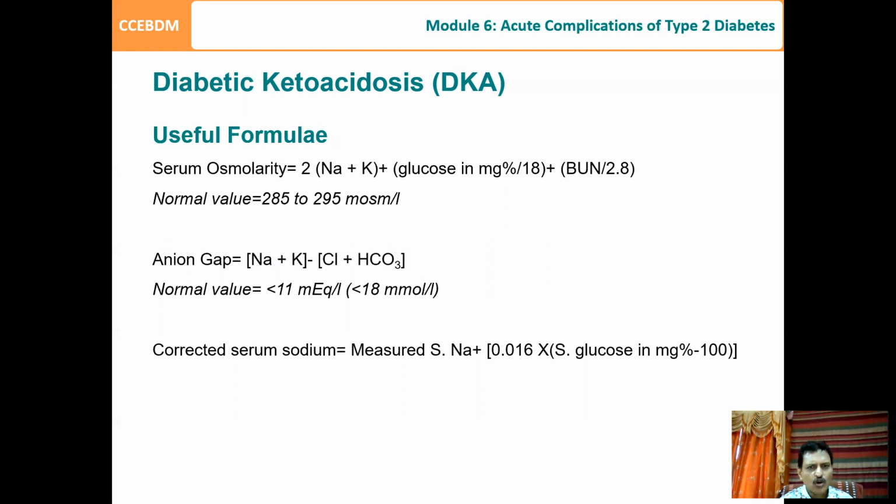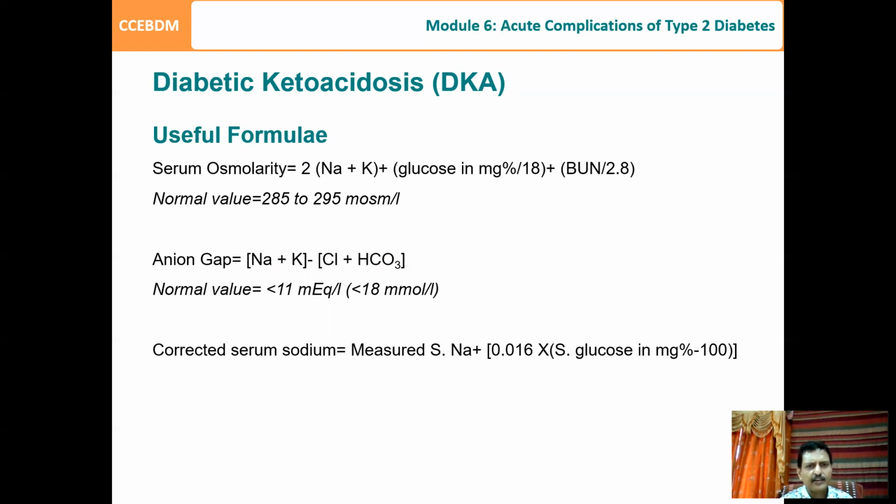Normal osmolality is basically between 285 to 295, and this osmolality is very tightly managed by the homeostatic system of our body. In diabetic ketoacidosis, in most situations the osmolality goes up, mostly because of the rise in blood glucose level and also, in some situations, because of the rise in blood urea nitrogen.